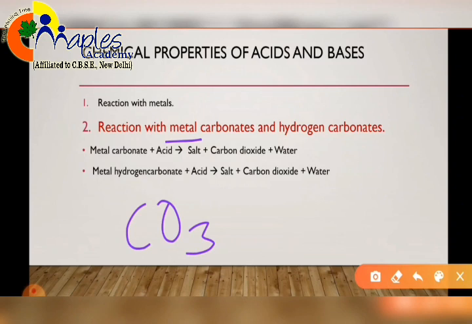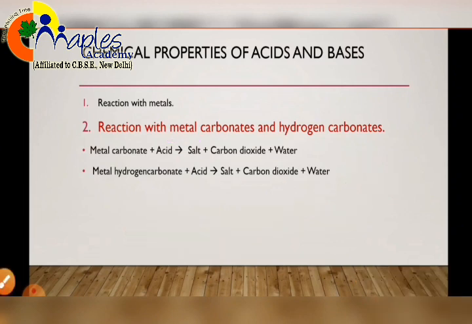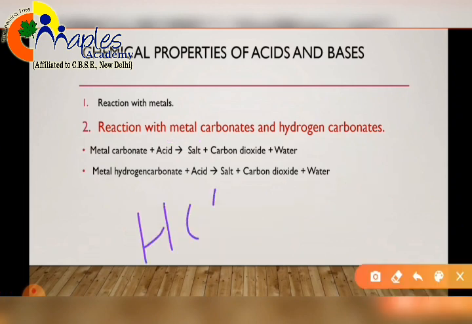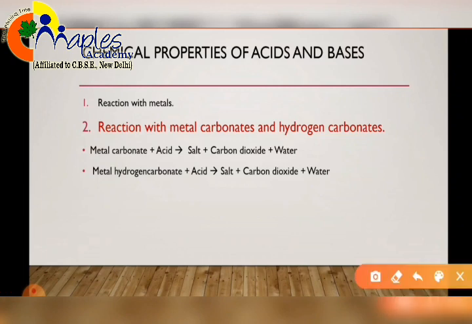If we are talking about sodium carbonate, the formula will become Na2CO3, because the carbonate ion has two negative signs over it, right? And hydrogen carbonate is HCO3 negative. So NaHCO3 is sodium hydrogen carbonate, which we also call sodium bicarbonate.